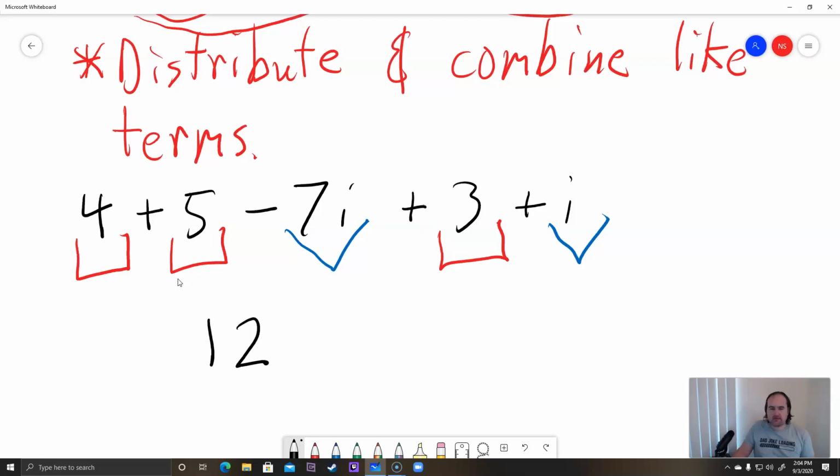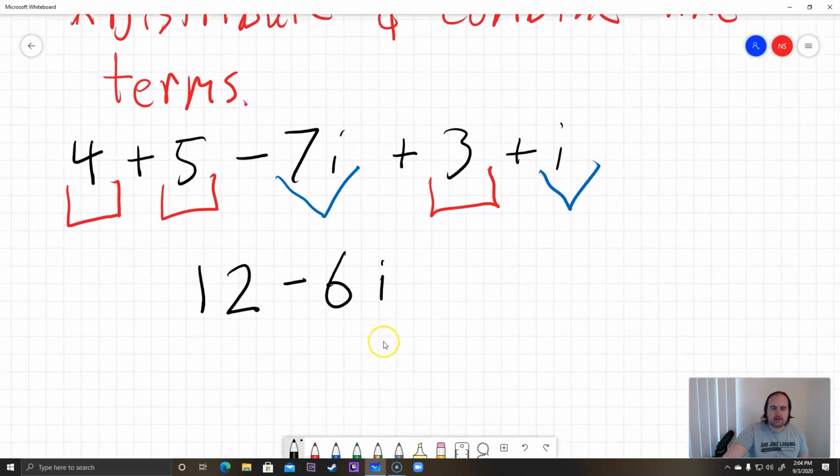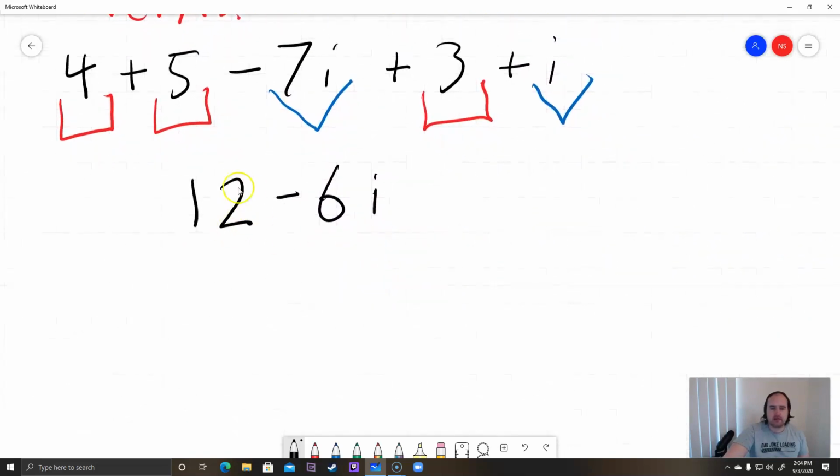And then negative 7i plus i is going to give us negative 6i, because negative 7 plus 1, which is the coefficient here, is negative 6. Okay, so now we've combined like terms, and now we have it in the form a plus bi. Here a is going to be 12, and b is negative 6. And since we got it in that form, we know we're done with the problem.